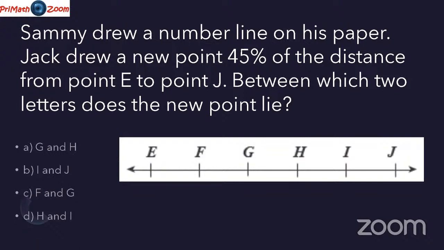How did you get A to be your answer, Nia? And King, why did you say G, H? Nia, why did you say F and G? Tell me. I want you guys to tell me, how did you come up with these responses? Emily, why did you say F and G?